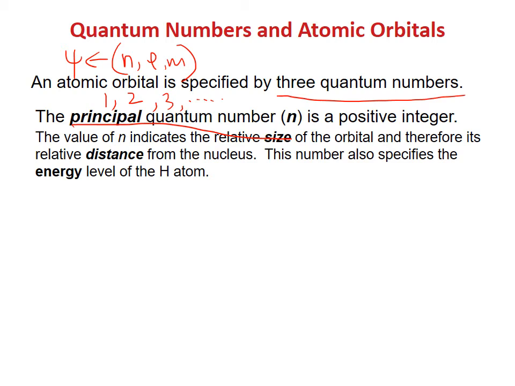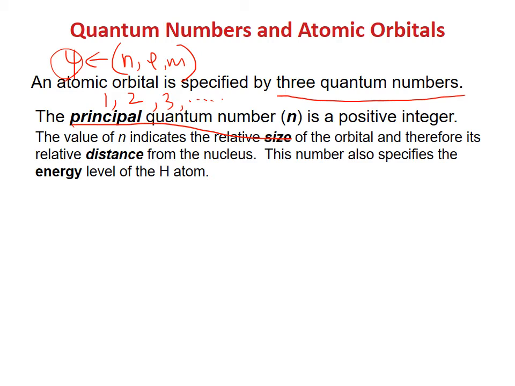However, in Bohr's model, each orbit has a fixed radius. Due to the wave nature, this is not true here. Psi does not have a fixed radius, but it has an average distance, or the most probable distance.